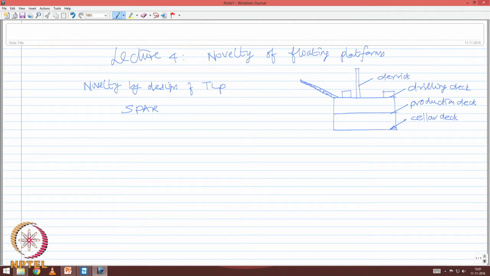Now, the question is how this will be supported to the seabed. Let us say this is the seabed. This will be connected by a cell shaft, which is nothing but a deep draft cylinder.